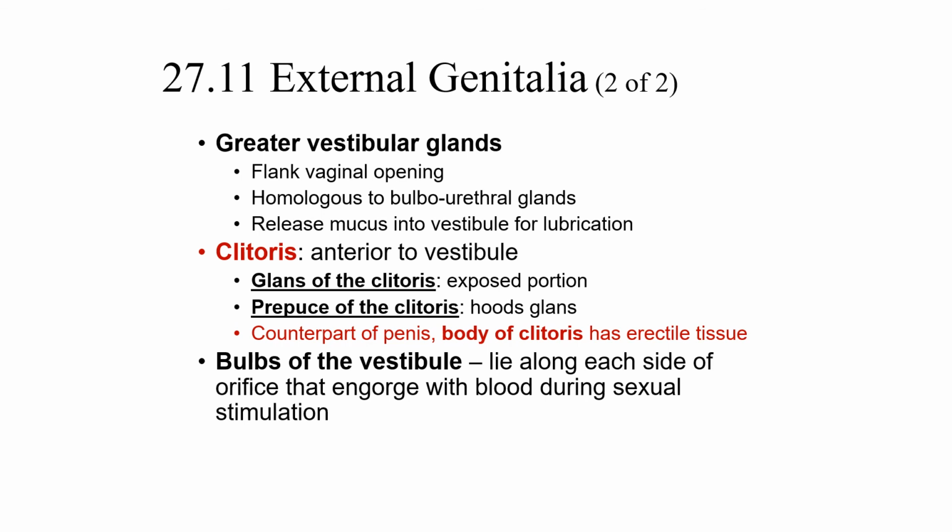And as I said before, the clitoris is going to be the erectile tissue. And then you have the bulbs of the vestibule. These engorge with blood during sexual stimulation.